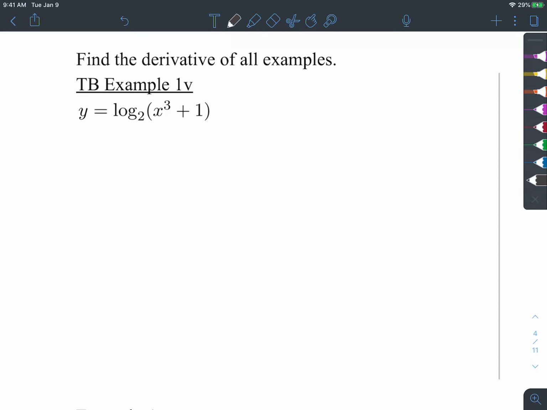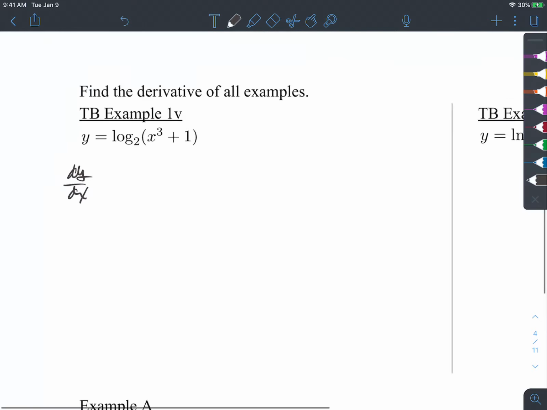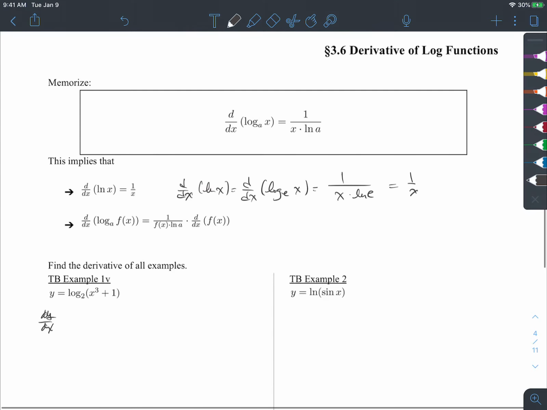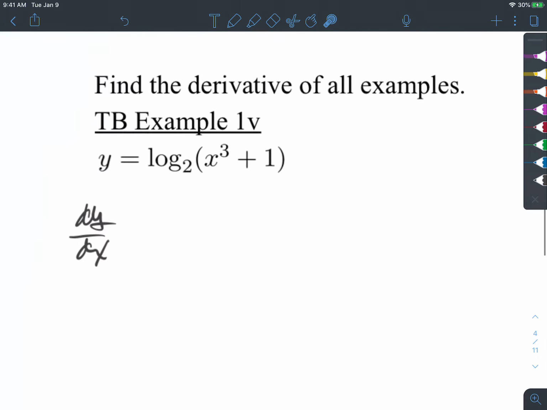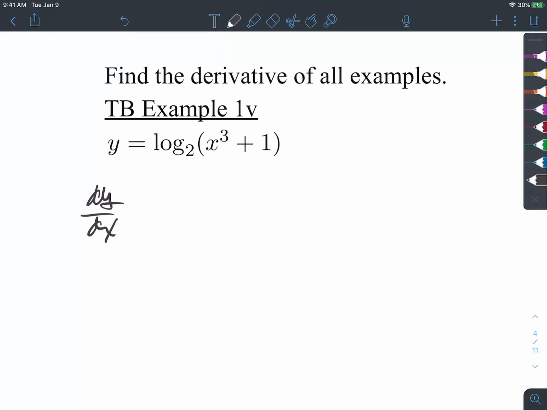All right, guys. In this particular case, when we do dy dx, according to the rule, whatever the input is, u of x, this will be 1 over u times ln of the base, which is 2 in this case, times du dx.